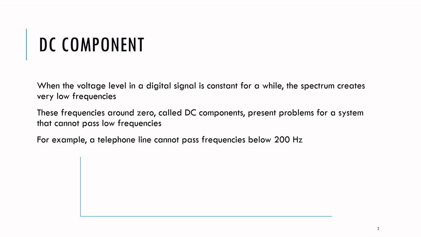So we need a scheme that has no DC component. If you had a DC component problem, the signal would be a straight line where the frequency isn't really changing, and this is something that we need to avoid.